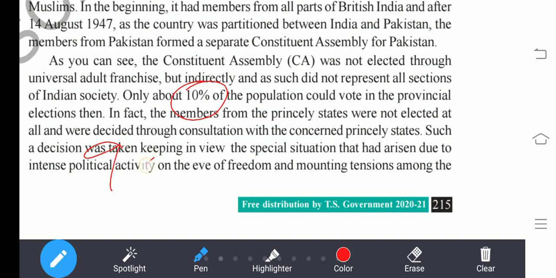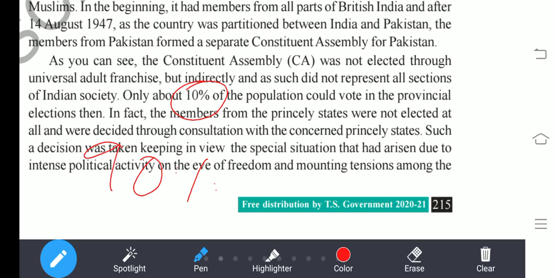The remaining 90 percent of the population was not given the right to vote.